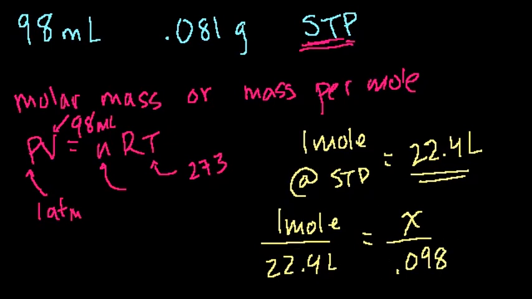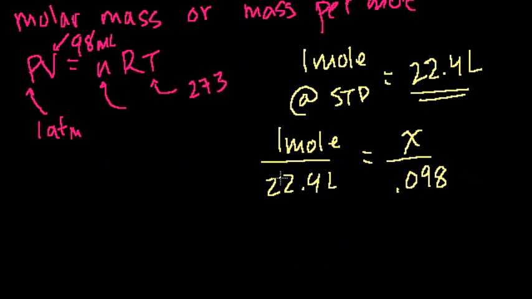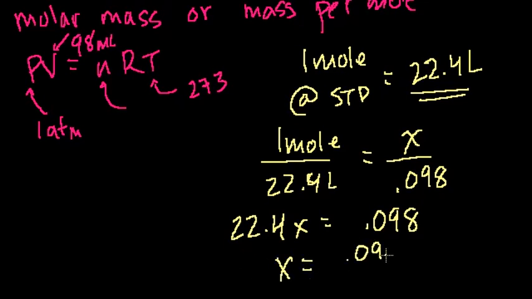If 1 mole takes up 22.4 liters, then our number of moles are going to take up 0.098, and this is an ideal gas in both circumstances. So we could say 22.4x is equal to 0.098, and then x is equal to 0.098 divided by 22.4.